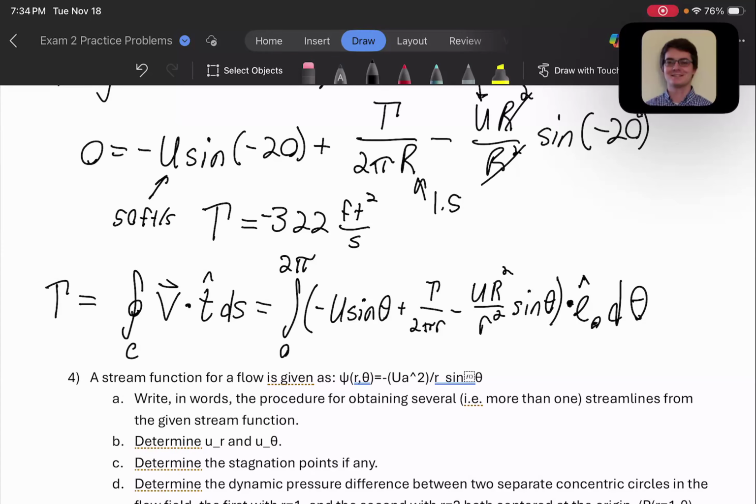What we're going to get is the negative u sine theta becomes negative cosine theta, right? Won't it be in e theta r? Already theta. Yes, let me erase that, get it closer.